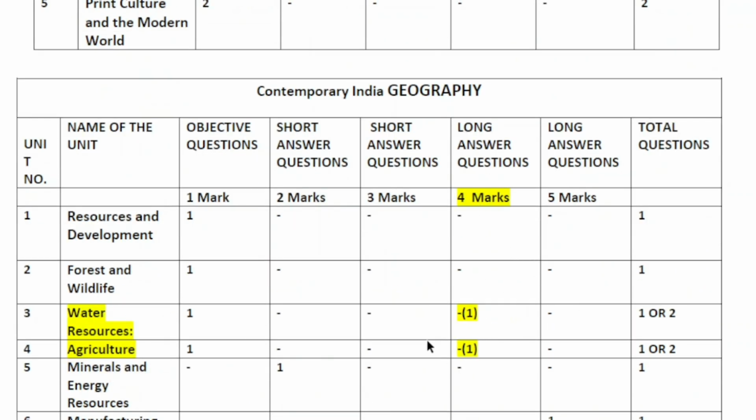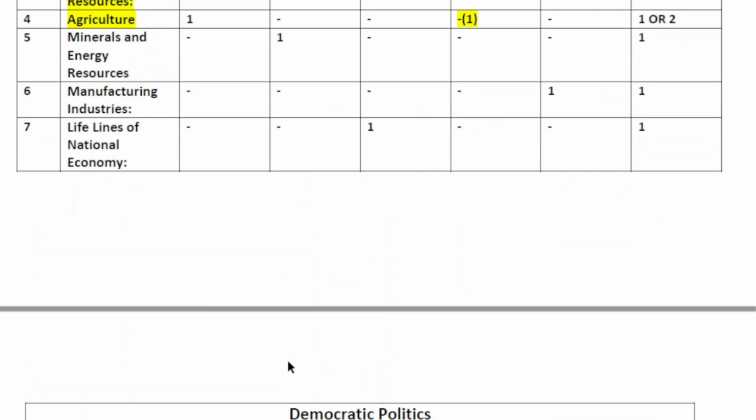And in geography, the case-based study is asked in one question paper from chapter 3, water resources. In the other, it is asked from chapter 4, agriculture. That is why I have highlighted it with this color here, so that you go to your examination keeping in mind that the question can be from either of these chapters.